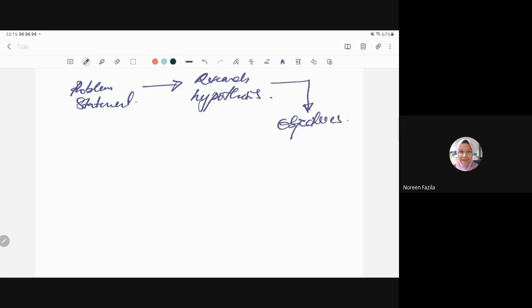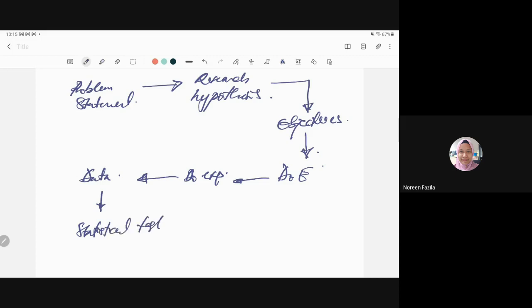Based on these research objectives, you determine your design of experiment, and then do the experiment. You get your data, and then the statistical test. When you get that, you analyze, and then you discuss.